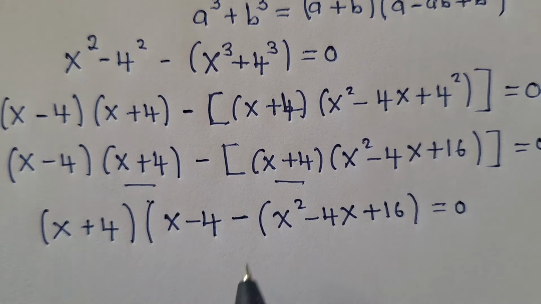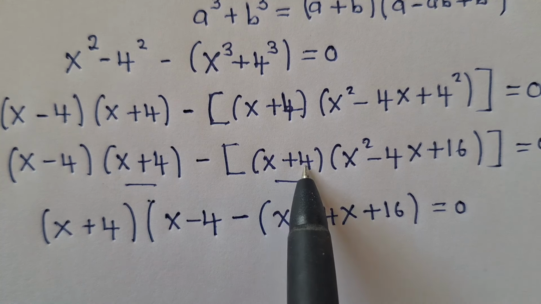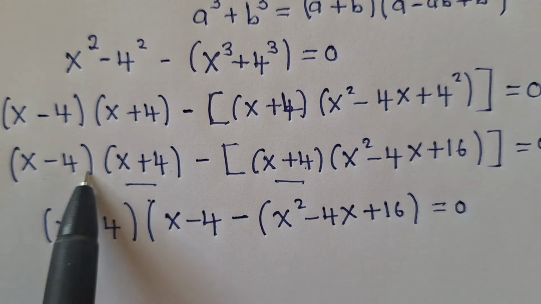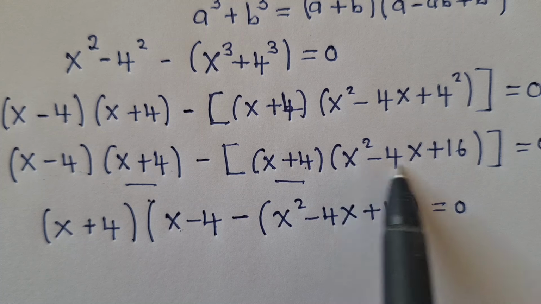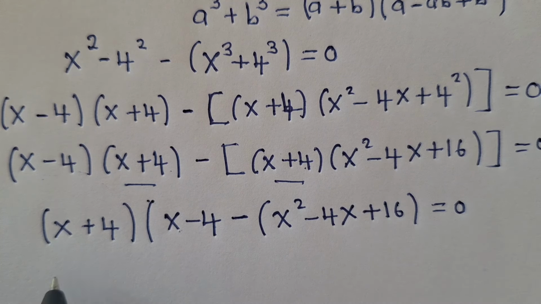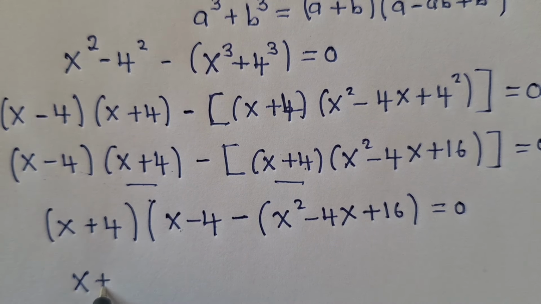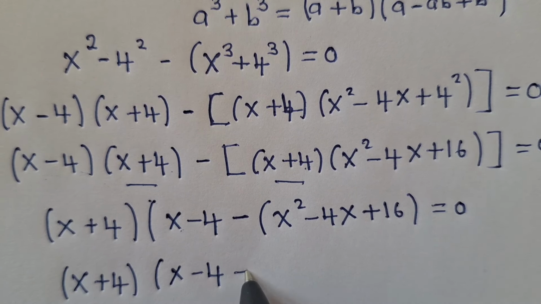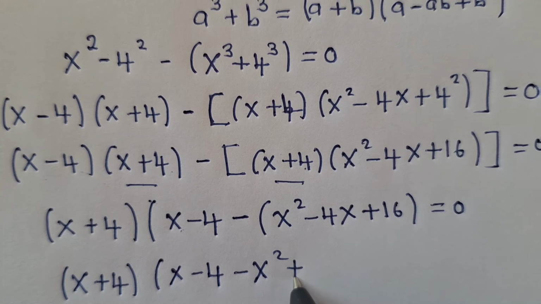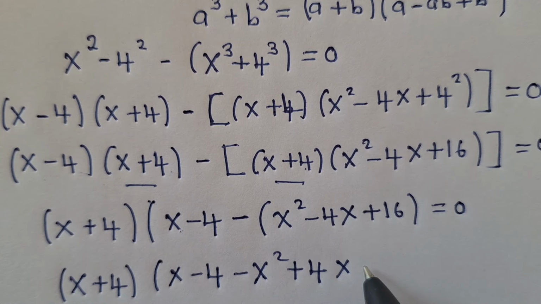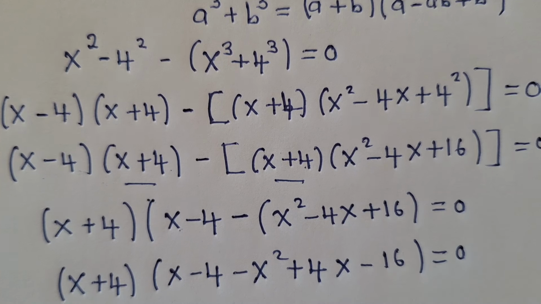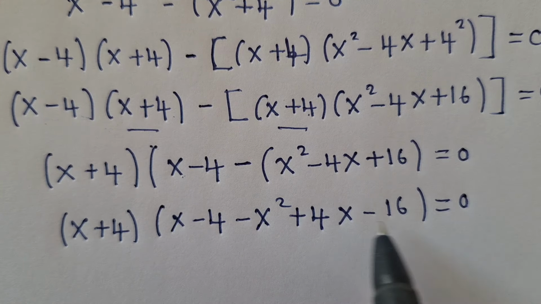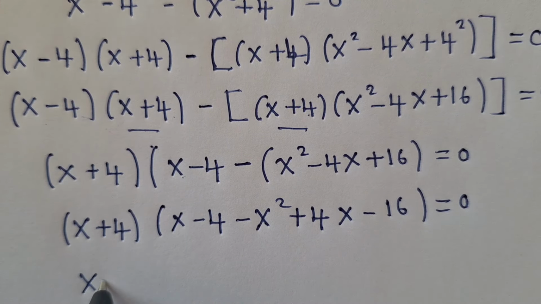So you can see what has happened. This x + 4 has been factored out. Here we've remained with this, and here we've remained with this, including the minus sign. So (x + 4)(x - 4 - x^2 + 4x - 16) = 0. We simplify here, so we shall have x + 4.